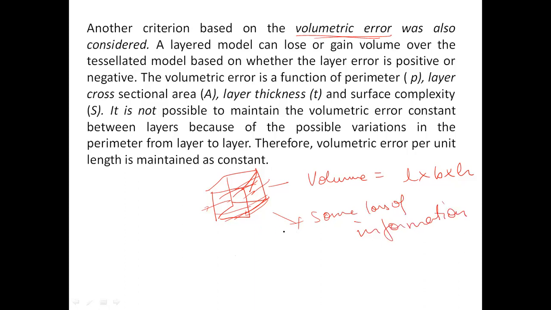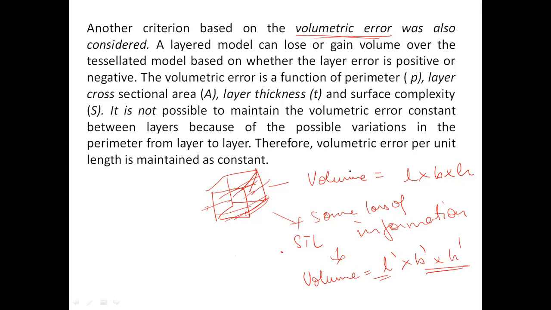Now, if you recreate this STL file, there is a very good chance that the volume may actually be L dash into B dash into H dash. The layer thickness, the cross-sectional area B into H, any of these factors may get compromised due to the slicing process.